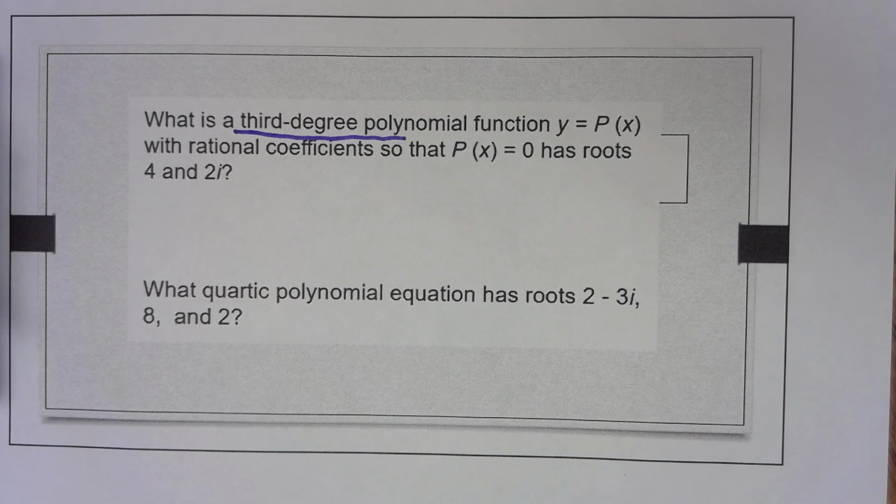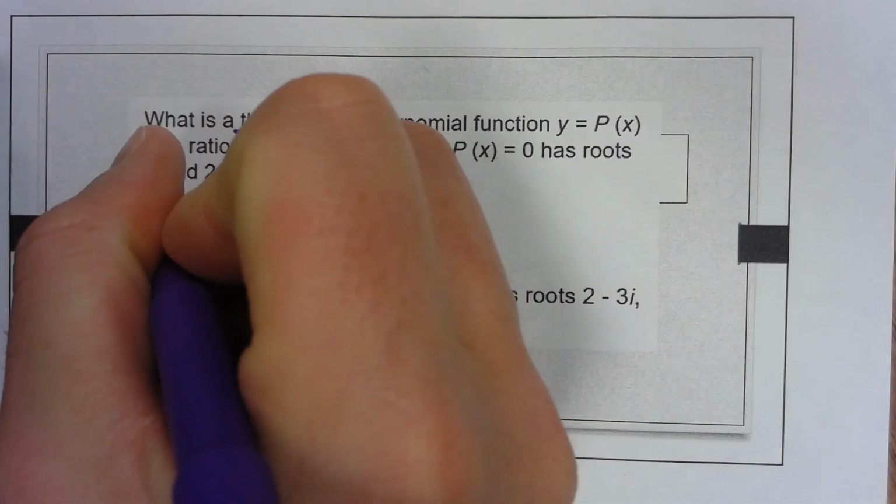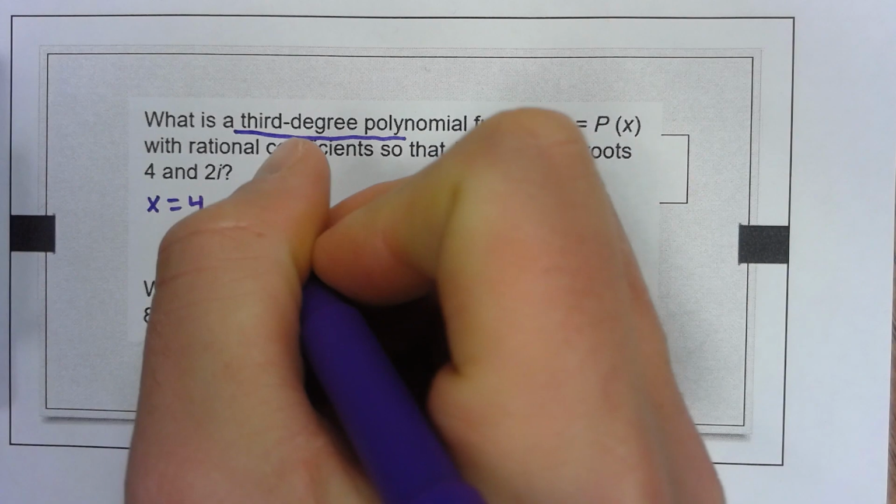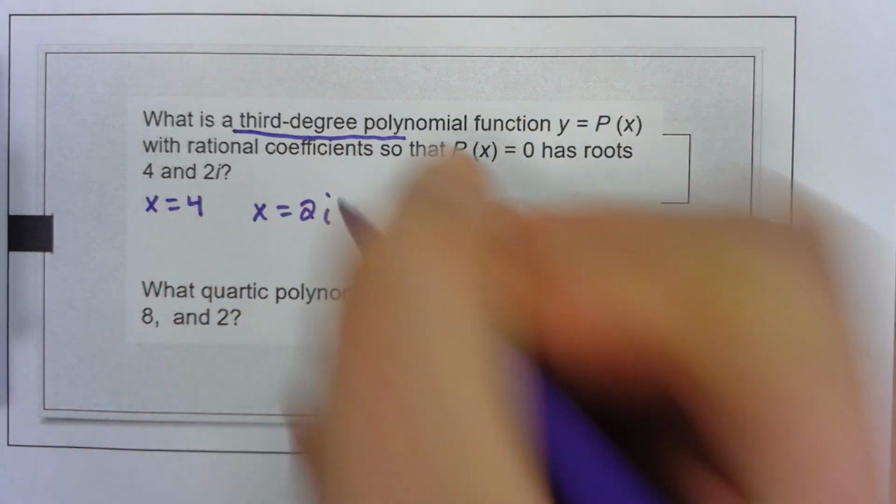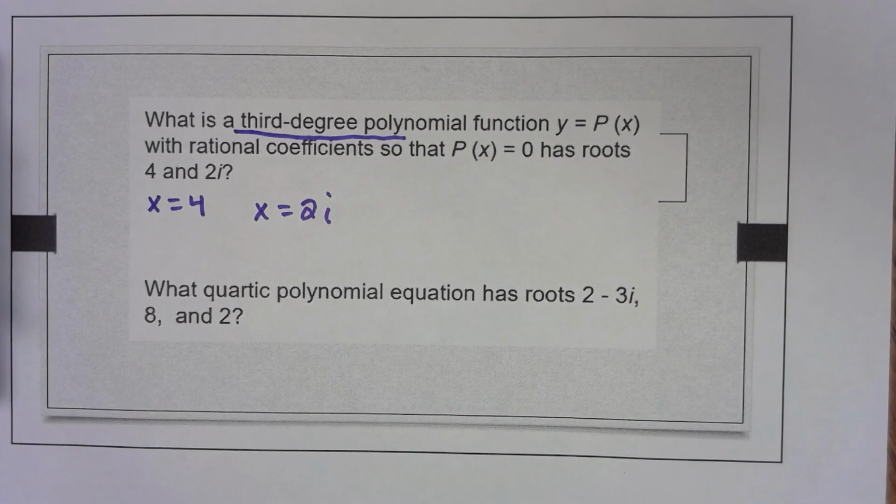That's communicating that we have solutions or zeros or roots that are 4 and 2i. So what I would start with is that x equals 4 is a solution. x equals 2i is a solution. So I'm like, okay, it's a third degree polynomial. I should have 3 solutions. I can't just make one of these have a multiplicity of 2.